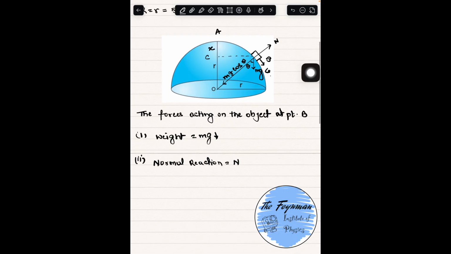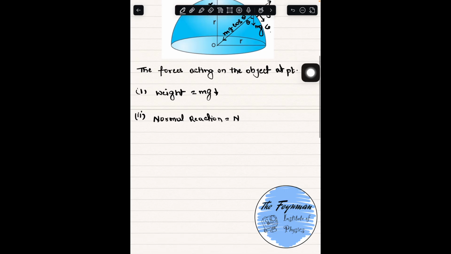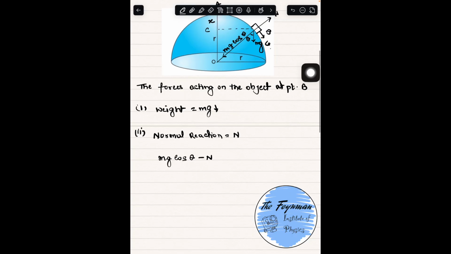So the equation of motion of the object at point B will be mg cos theta minus N. N is negative because mg cos theta acts in the inward direction and N is in the opposite direction. Both of them together provide the necessary centripetal force, mv squared by r.